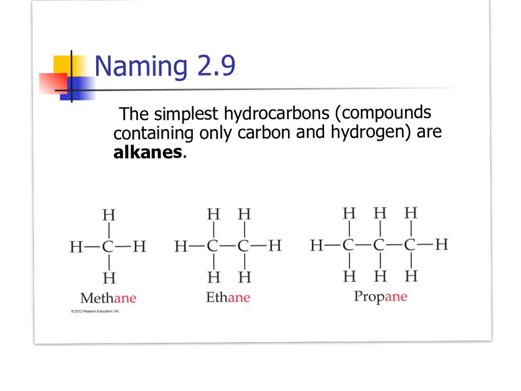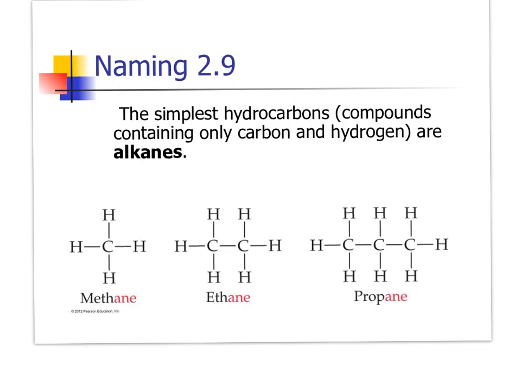The simplest ones are known as alkanes. Methane, a lot of you would probably want to call carbon tetrahydride, but that's not what its name is. Its name is methane. Many of you heat your house by it.